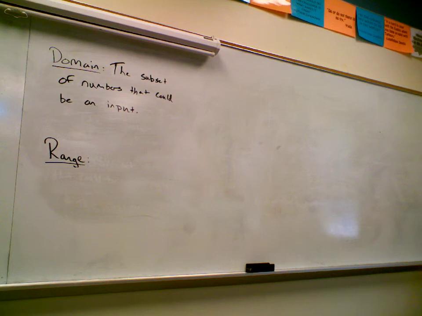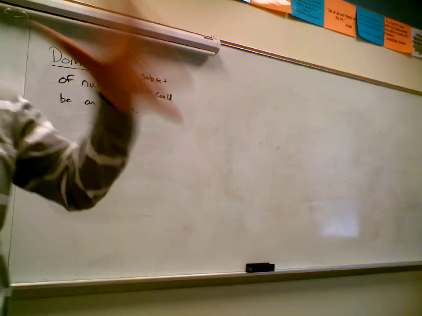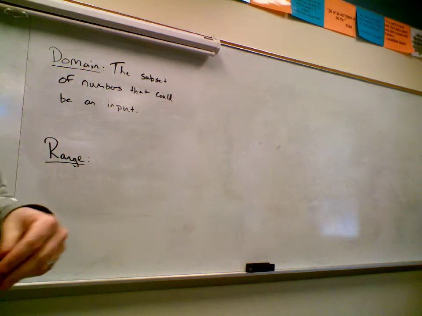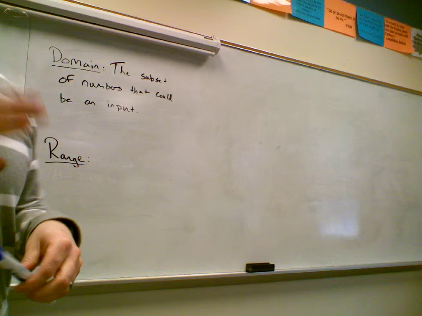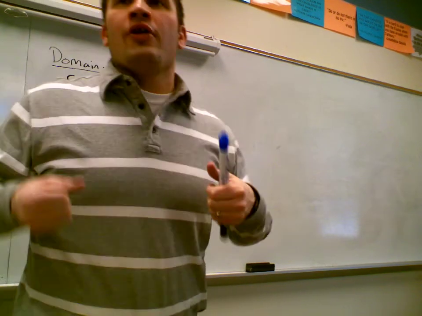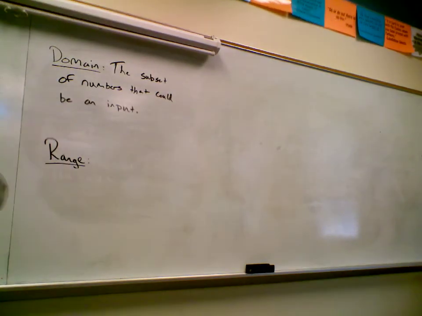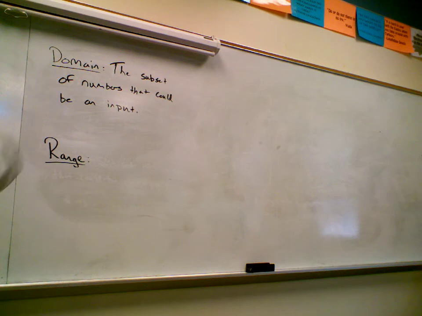That is the domain. The subset of numbers that could be an input. And subset, guys, is just a word that means not the whole thing, it's just a smaller portion. So the 5 that Andrea took with her is a subset of her 30. Does that make sense? The 3 Ninja Turtles that I could ride my bike with were a subset of my whole big plastic container of Ninja Turtles.